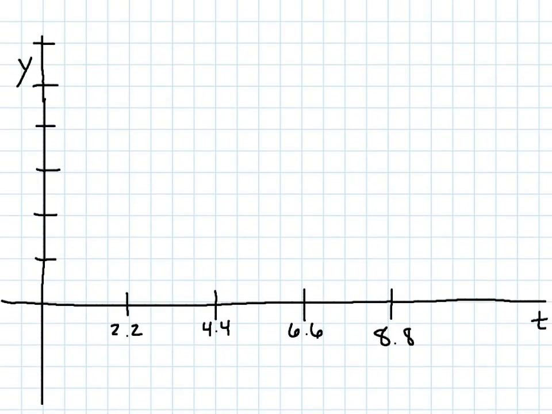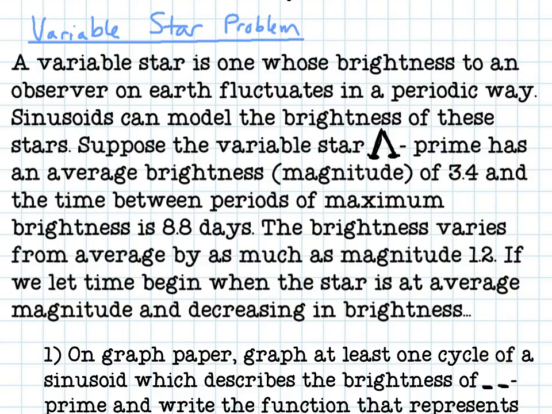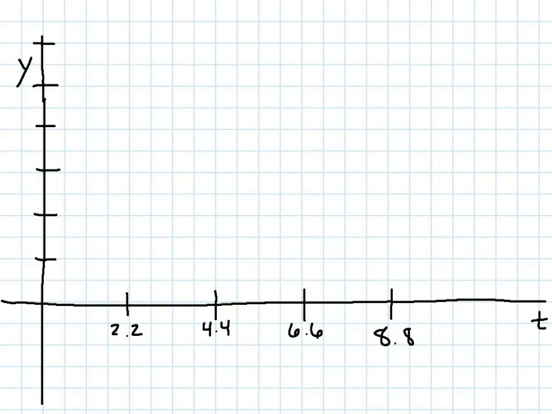Now if we look back, it says the average brightness or magnitude of the star is 3.4 for delta prime. So we want to make that our middle on our picture. So because your middle is 3.4, let's go with going every 1.7.